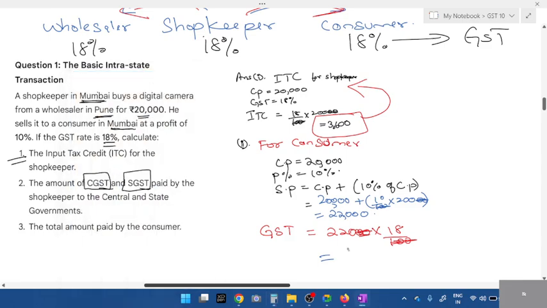All of you got 3,960? Rupees 3,960, students. So go through once again. Just ignore this second part. You just go through what I've written. Just because shopkeeper was given, I wrote shopkeeper. Next is consumer. For the consumer, do the calculation. GST is 3,960.